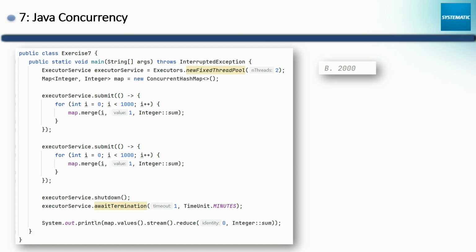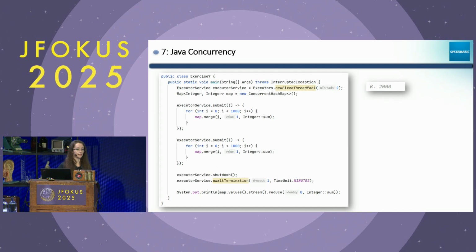The merge method takes three arguments. First of all, we get the key. Second, we get the new value. And the third one will be the function that we want to apply if the key already exists. So in this case, if we look at the code, we are using integer sum, which means that if the key already exists, it will sum the existing value with the new value.